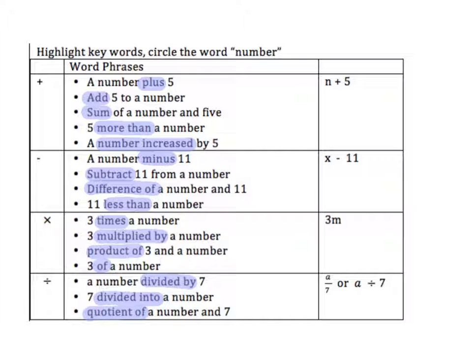The keywords that represent multiplication are times, multiplied by, product of, and just the word of. And then the keywords that represent division are divided by, divided into, and quotient of.